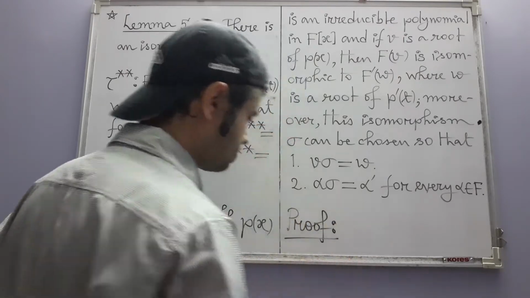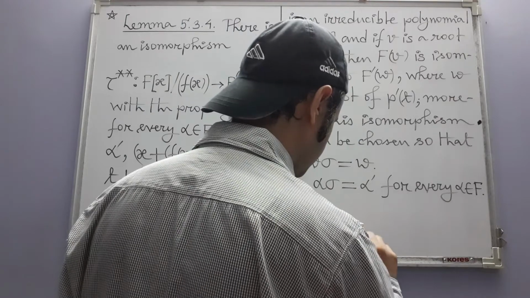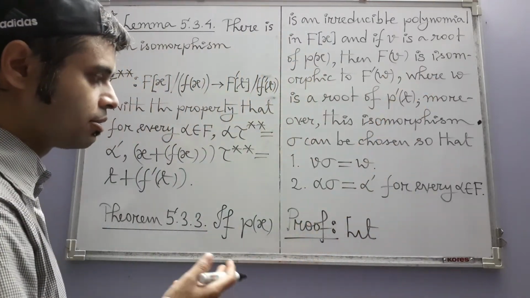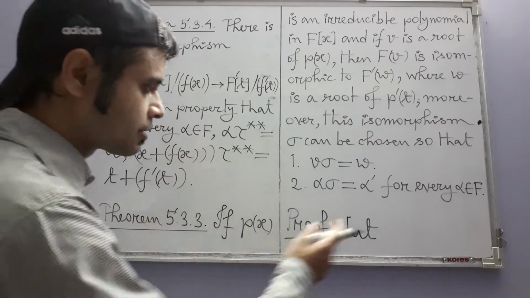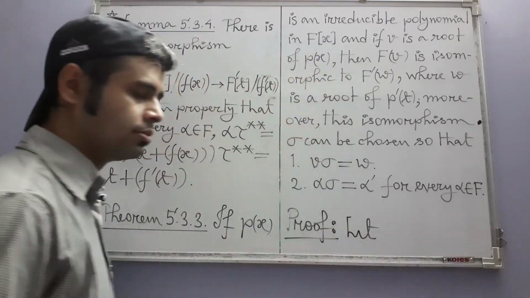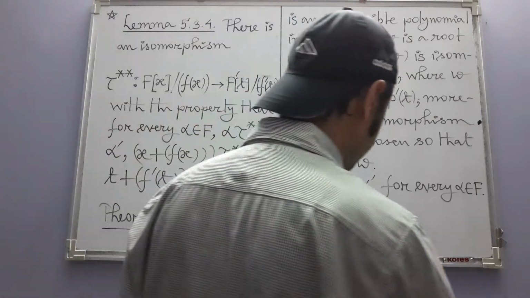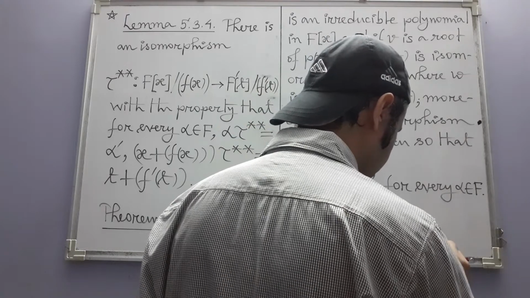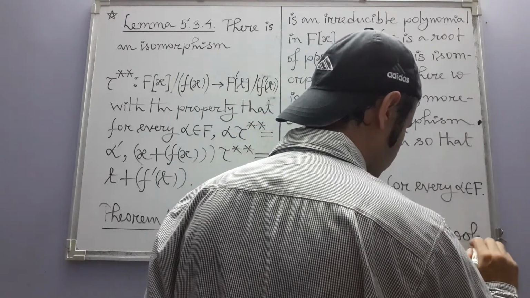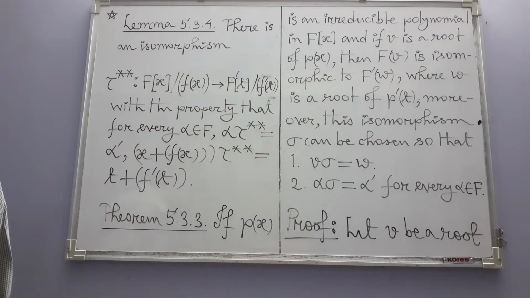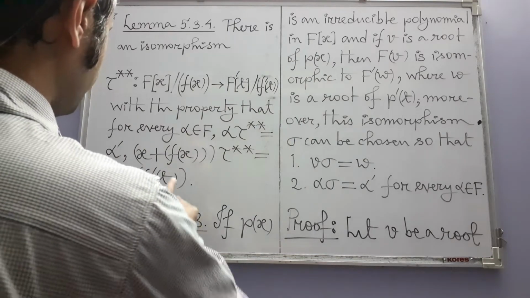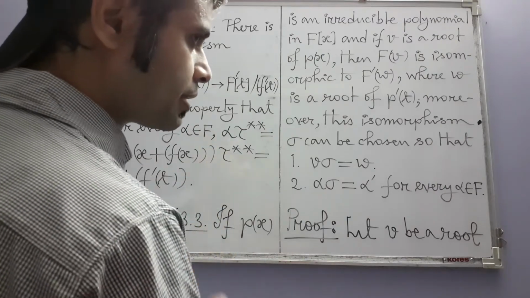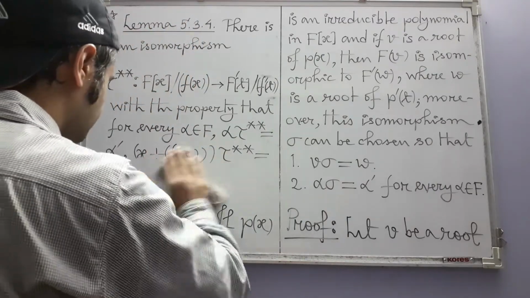Proof. Well, the root is already given, but still the author, in the text, starts off by assuming a root. Let's just write like how Herstein wrote. Let v be a root of the irreducible polynomial p(x) in some extension K of F. So we will use this lemma at some point. We have already seen what it states.